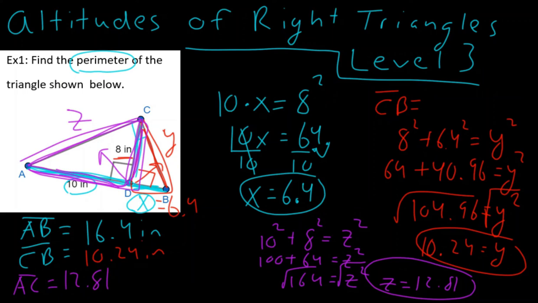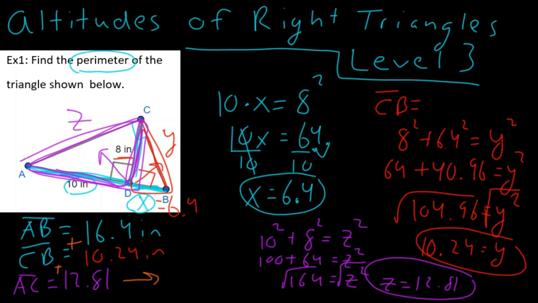Now let me change to one final color here. Man, we're just using every single color in the book here. And let's go with this UT burnt orange. And notice this. In order to find the perimeter, we simply have to add these three numbers. So if I were to add 16.4 plus 10.24 plus 12.81, what would I get?